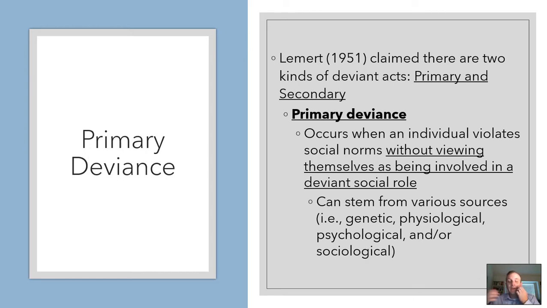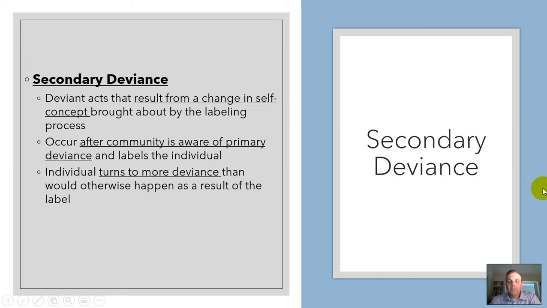If society doesn't recognize that the kid stole candy or was smoking marijuana, maybe their parents stopped them and corrected that behavior, then it might not evolve into something further. But if society does recognize that, then it lends itself to the notion of secondary deviance. This is a deviant act that results from a change in self-concept brought about by a labeling process.